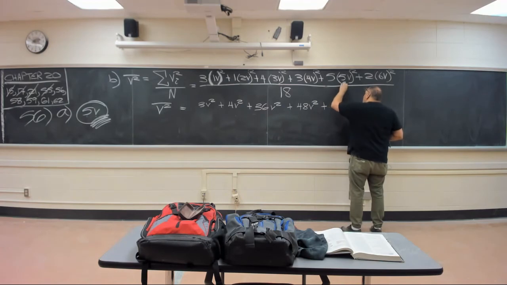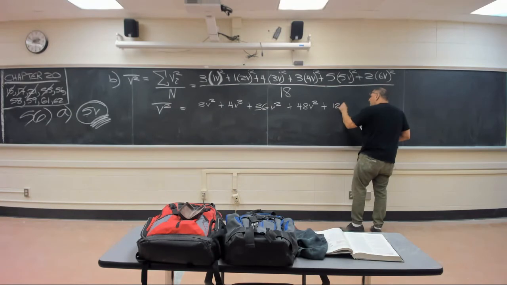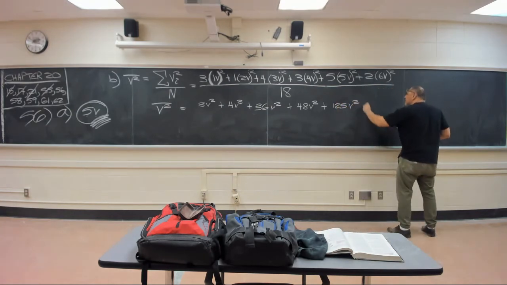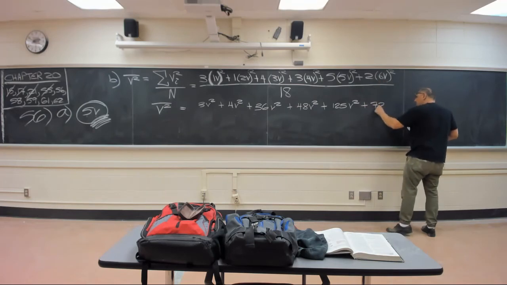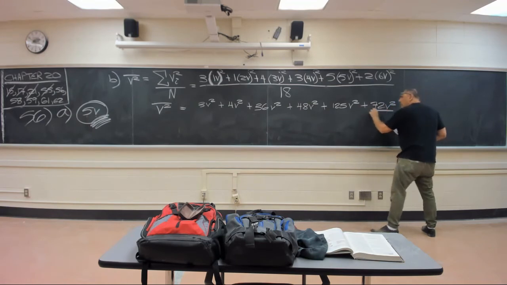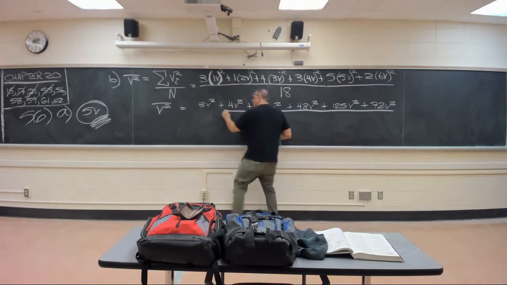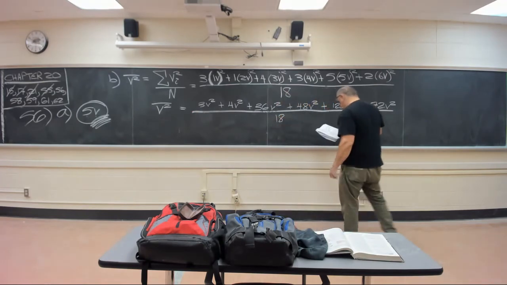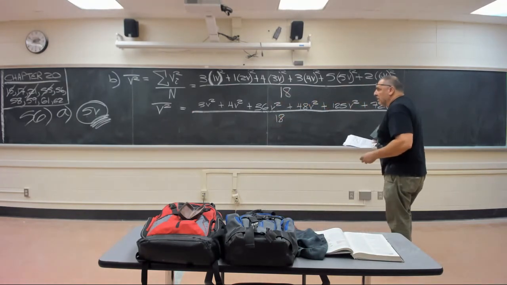The quantity 5v squared is 25v squared times 5. The quantity 6v squared is 36v squared times this. Okay. Interesting.